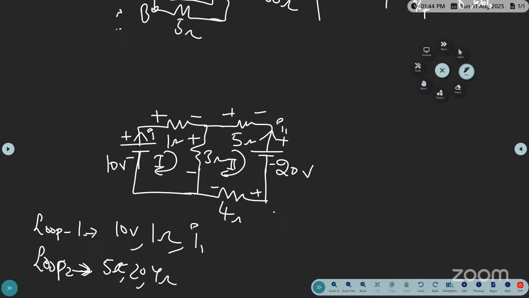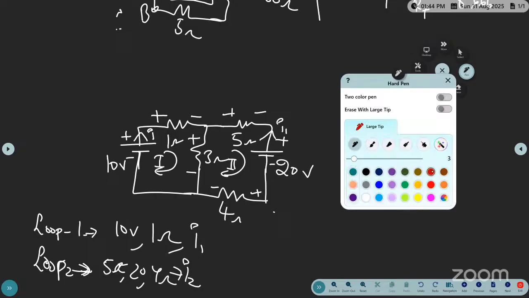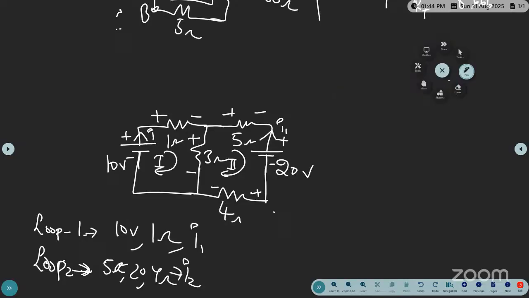Loop 1, I1. Loop 2, I2. So this one is loop 1. In this loop 1, the only individual elements are 1 ohm and 10 volts. So the current will flow in a clockwise direction. How much current?